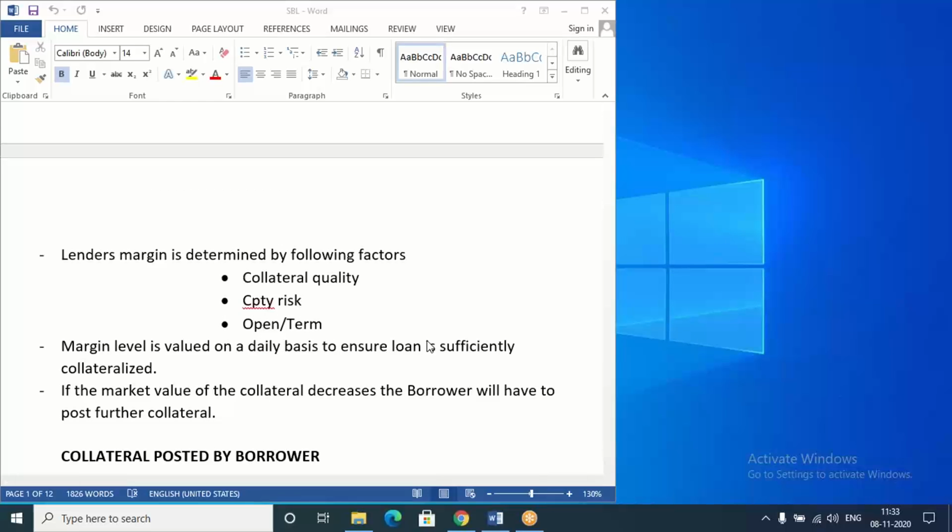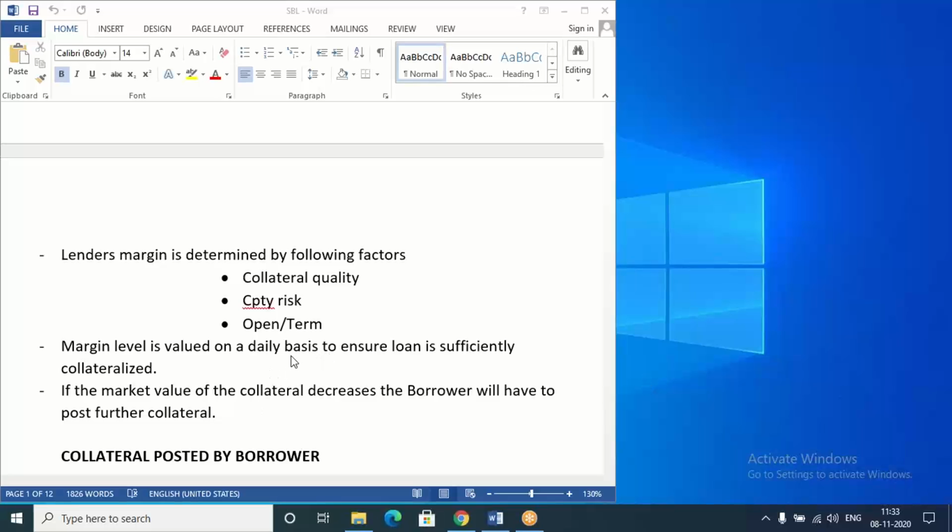Ma'am, just one small question. If the value of the collateral goes down, what happens then? If the value of the collateral goes down, then the borrower has to post additional collateral to ensure that the loan or the securities borrowed are sufficiently collateralized.